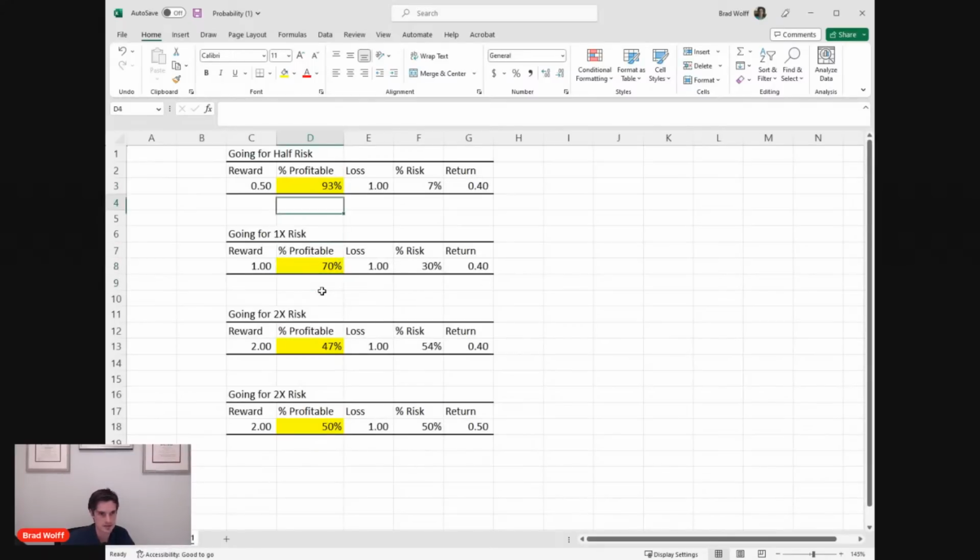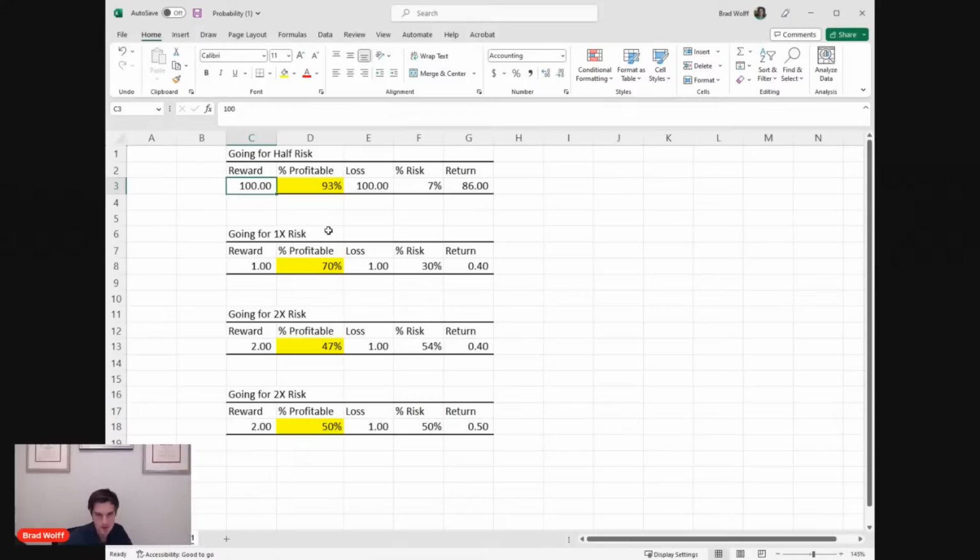So let's think about it in dollars and cents. If you're risking $100, your reward's 100, your risk is 100, and let's say you're going for 2 points. You're risking 2 points to make 2 points.